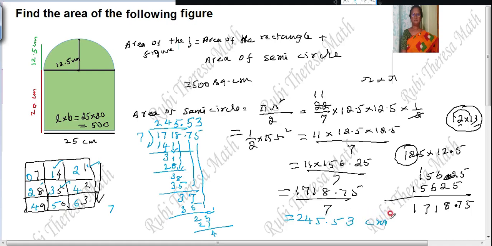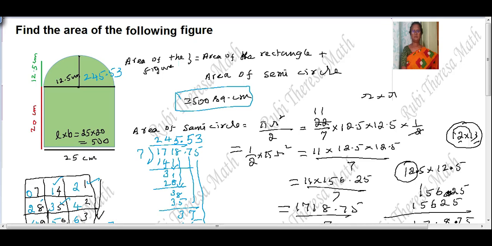So what is the answer here? 245.53 square centimeter. This is the area of the semicircle. Here is one answer and here is another answer. You have to add both.